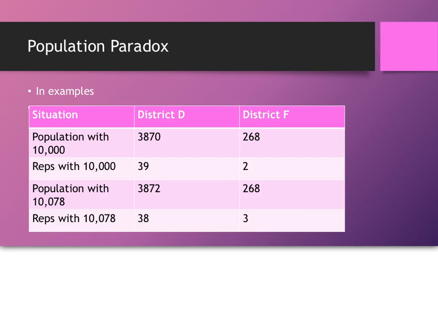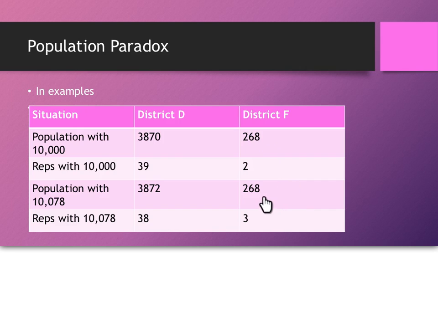Now, it was allocated 39 representatives. The population actually increased by 2 people in District D. District F had 268 when the population was 10,000. It did not change populations.